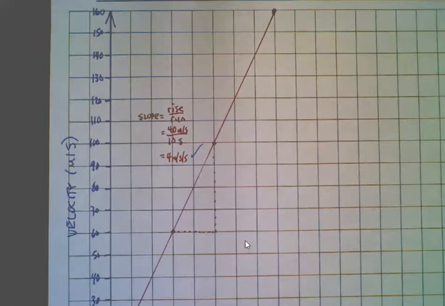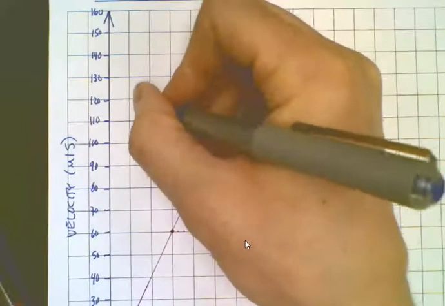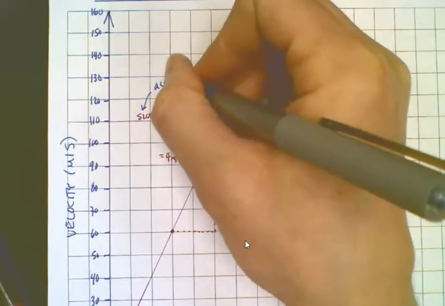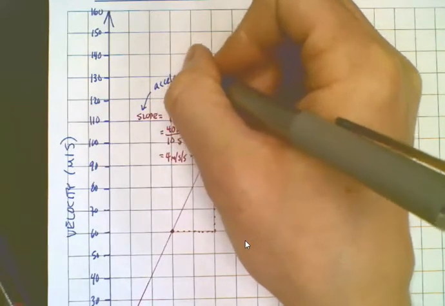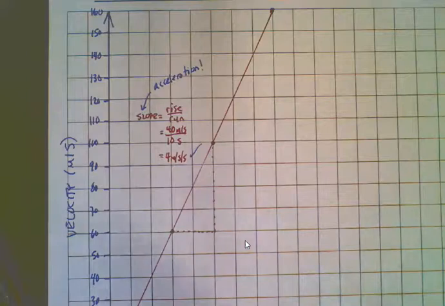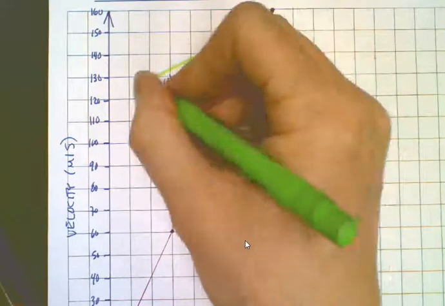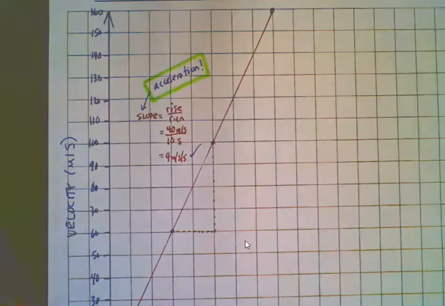So what we know from a speed time graph is that the slope gives us the acceleration. On a distance time graph, the slope gave us the speed. On a speed time graph, the slope gives us the acceleration. That's a key concept. Very, very important to recognize.